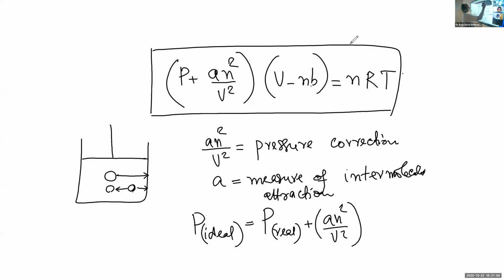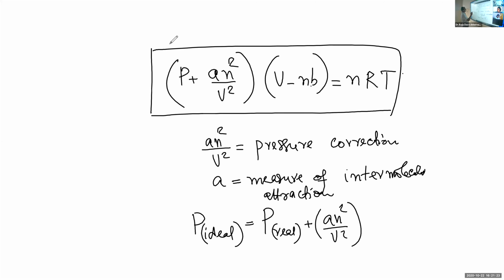Now let us think of the volume of the gas. When pressure increases, what will happen to the volume of the gas? Let us take a cylinder like this, and here there is a piston, and there is a gas inside this.